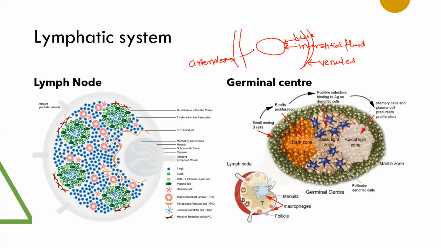And when these arterioles and venules enter the tissue, they capillarize themselves. So we have in the tissue a wide network of thin capillaries.